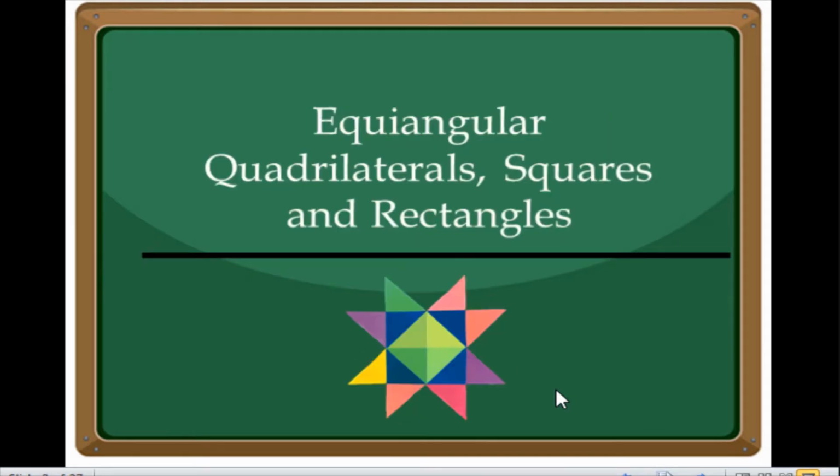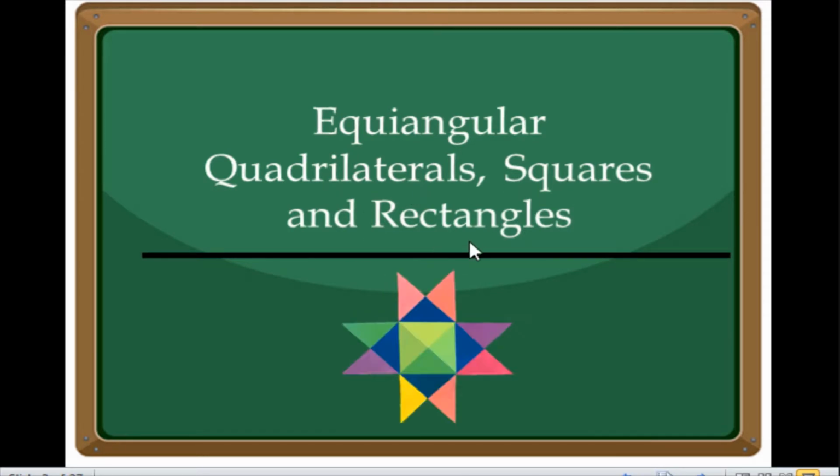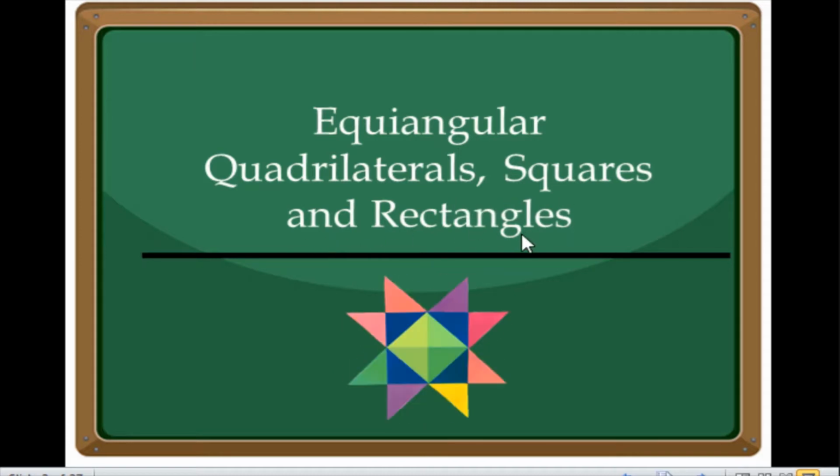Last meeting, we learned about equiangular quadrilaterals, squares, and rectangles. Again, equiangular quadrilaterals, squares, and rectangles.